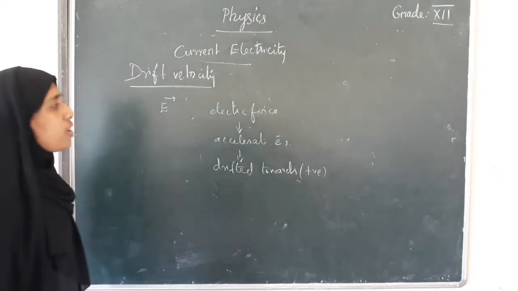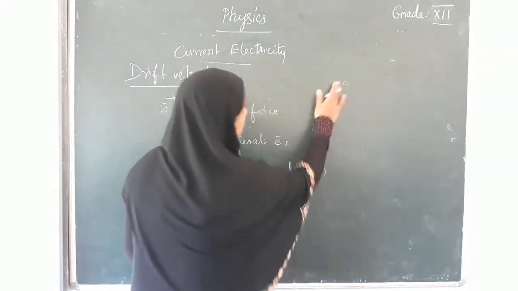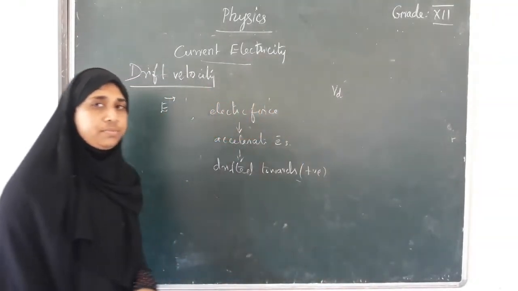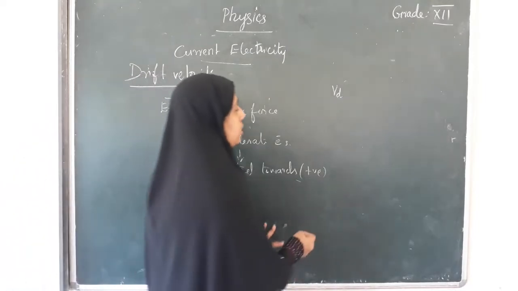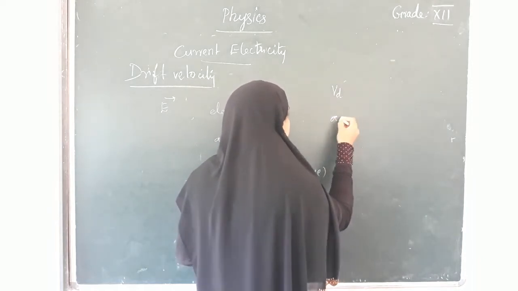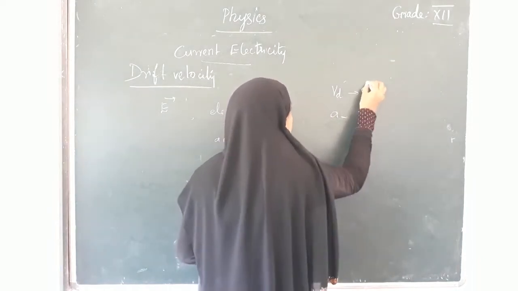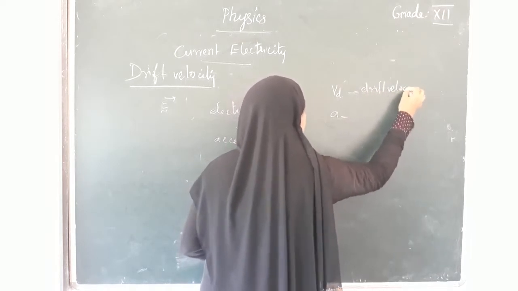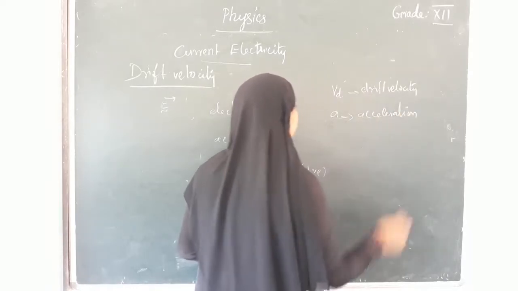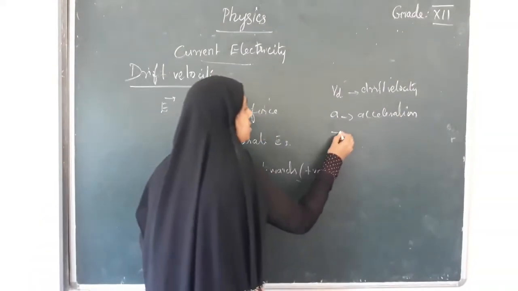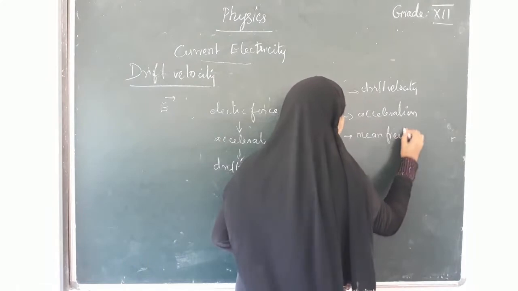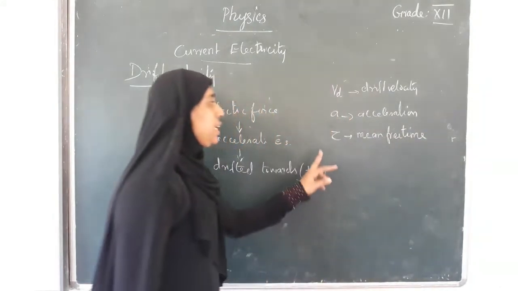Let us see the expression for this drift velocity. Consider the symbol of drift velocity is Vd. Let a be the acceleration, Vd be the drift velocity, and tau, this is known as mean free time.